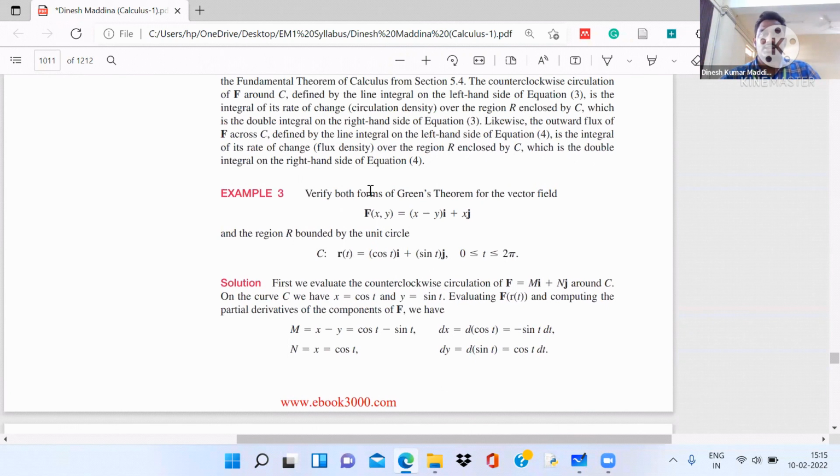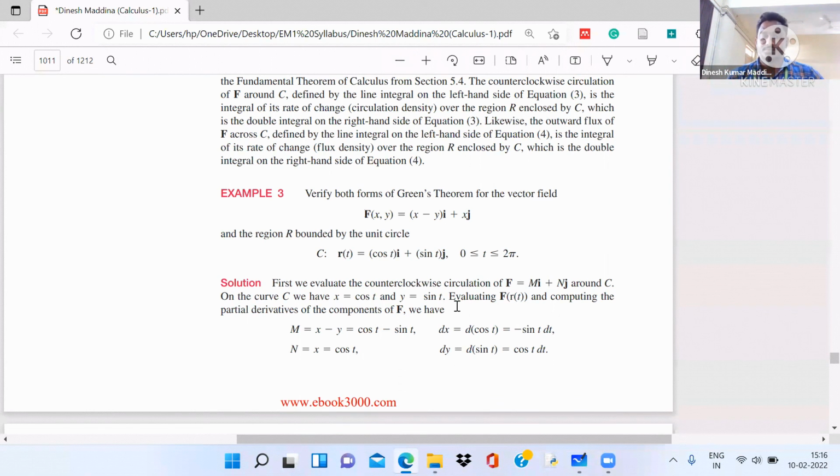Here they are saying to verify both forms of Green's theorem, but here we do it with respect to the tangential form only, that means with respect to the curl they gave. I wrote it in Notepad. With respect to that one only we will verify, because only that one is in your syllabus. So you just take one snap of this problem, and I will solve it in Notepad.